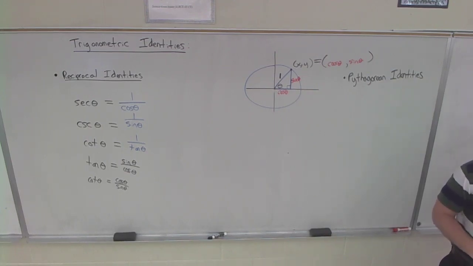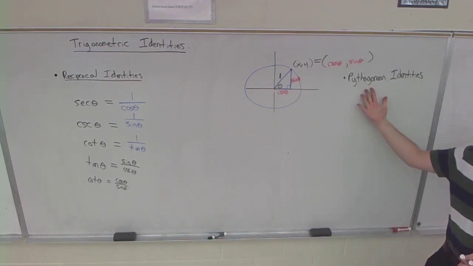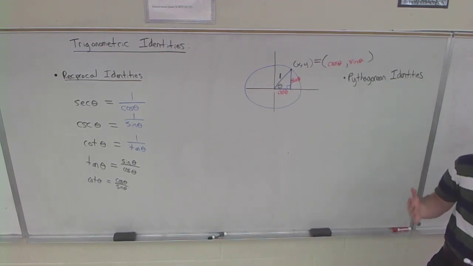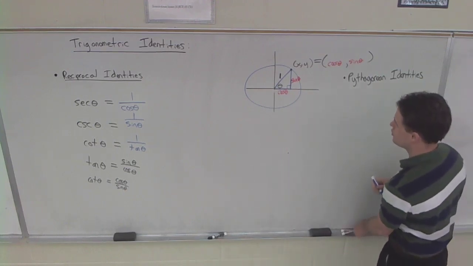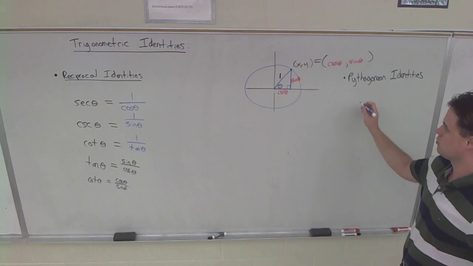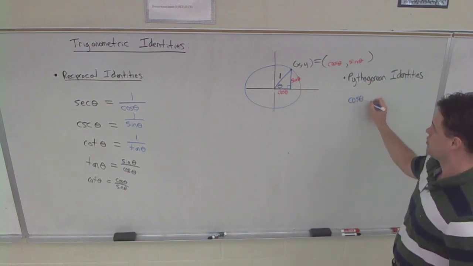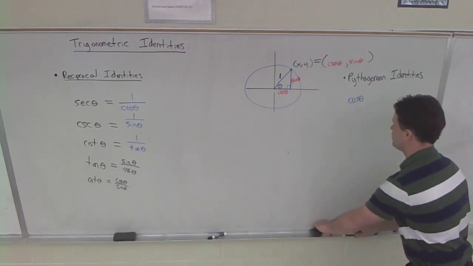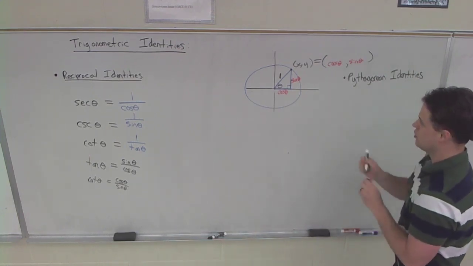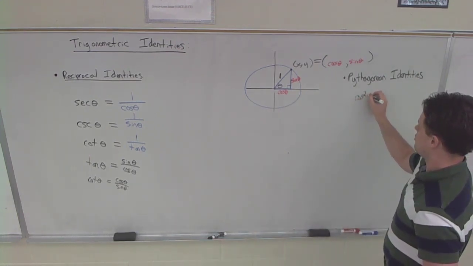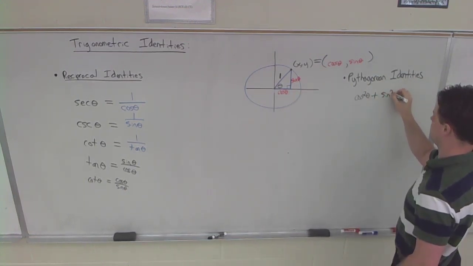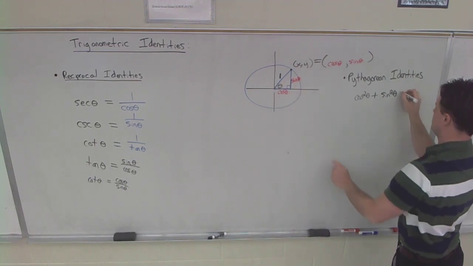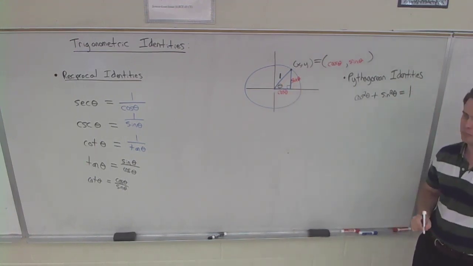So if it's a right triangle, don't all right triangles have to obey the Pythagorean theorem, a squared plus b squared equals c squared? Do it with this triangle. I'll keep my identities in black. a squared plus b squared equals c squared. 1 squared's 1.